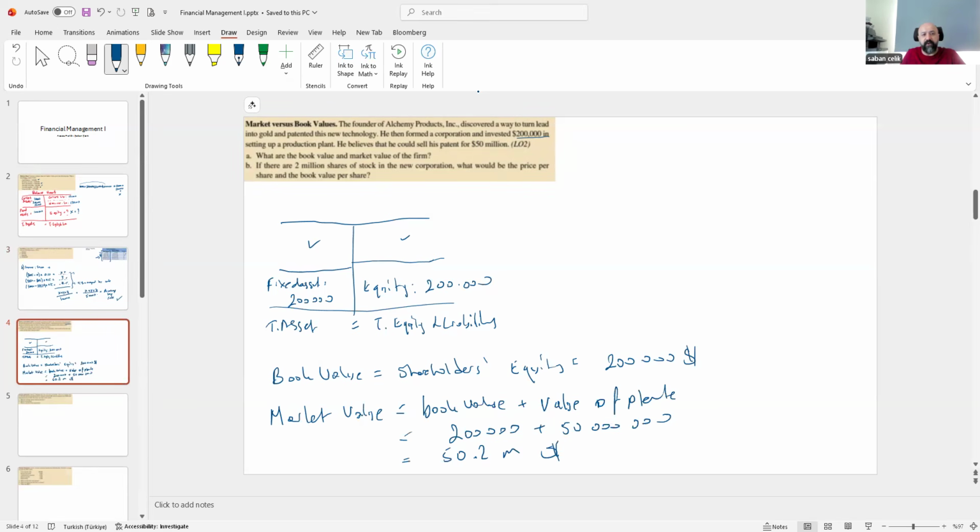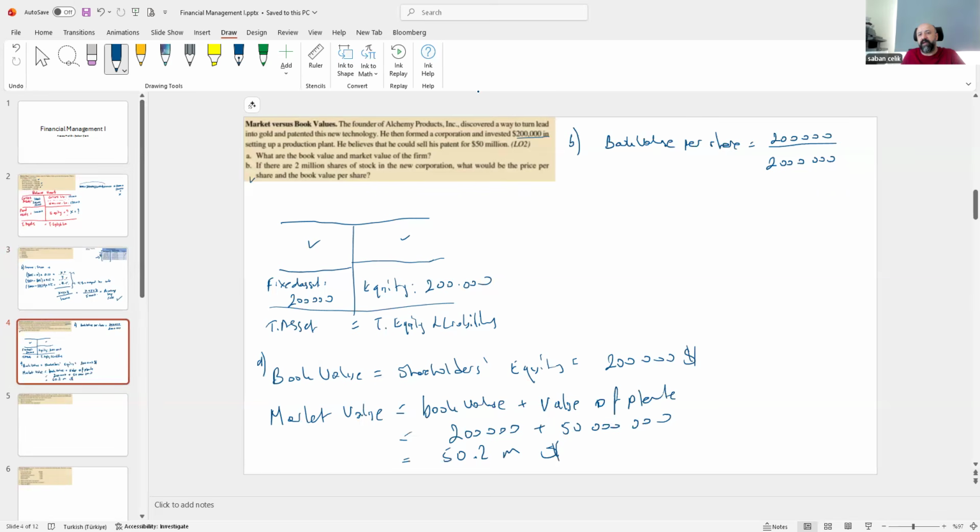The second part of the question, if this is A and this is B, if there are 2 million shares, what are the book value per share and market value per share? So book value per share will be, simply speaking, $200,000, which is the book value, divided by 2 million.